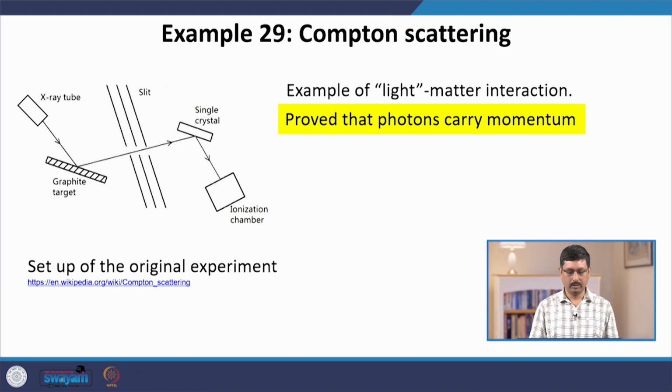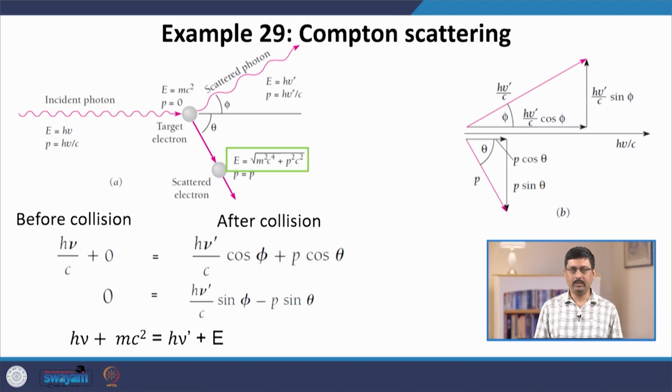Here, instead of alpha particles, you send X-ray beams, which are also made of light particles or photons, and there is a scattering of those photons by the atoms in the crystalline matter. This experiment proved that photons of light not only carry energy, but they also carry momentum. Here I show the schematic of the setup of the original experiment. This experiment we are going to consider in a little more detail.